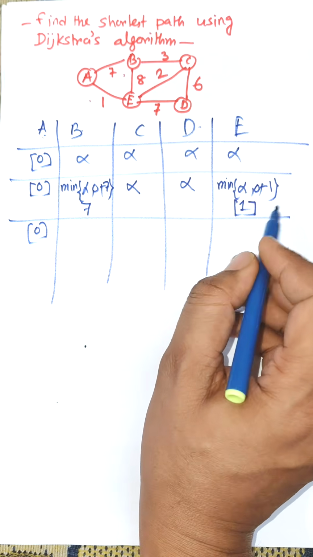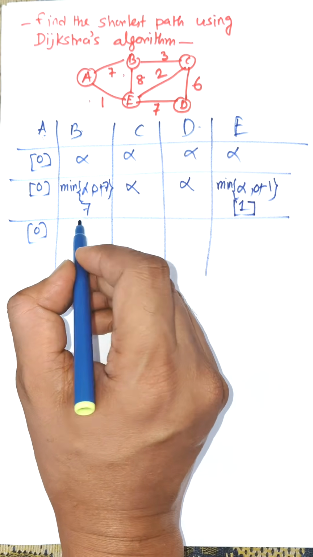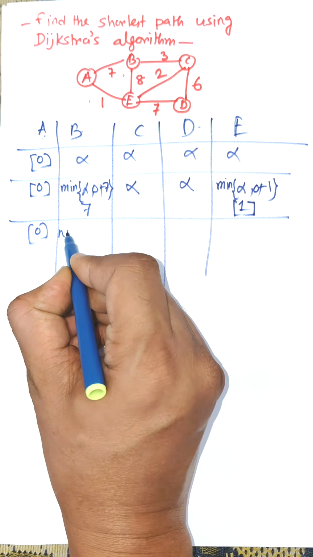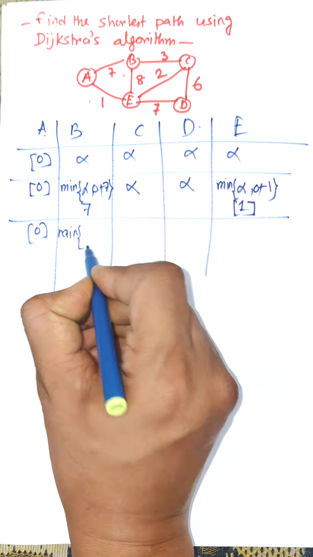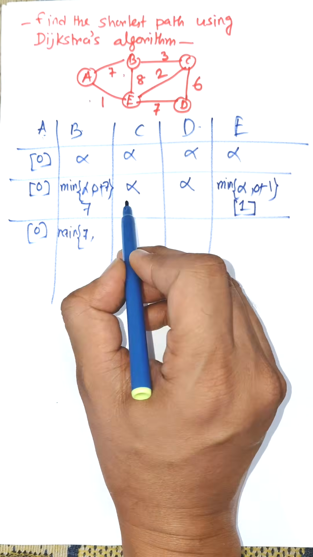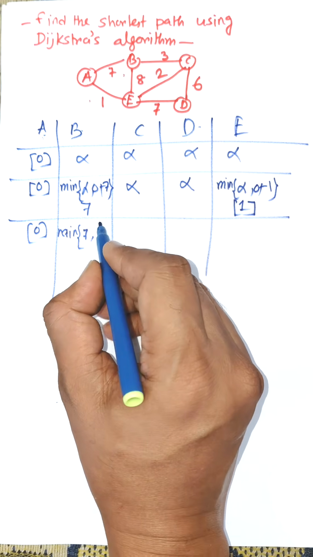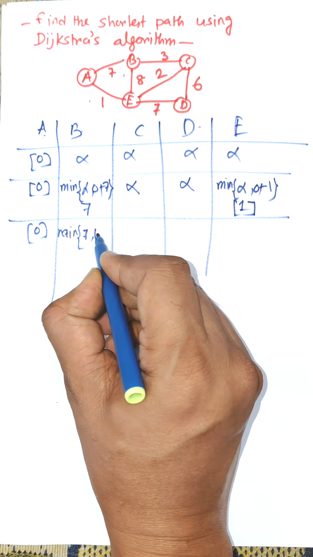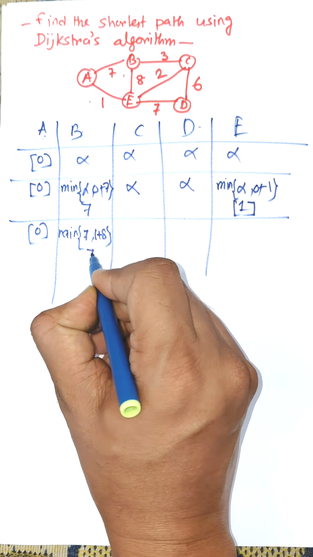Now we need to find the distance from E to the others. Old value 7, and E to B there is distance of 8, that is 1 plus 8, and minimum is 7.